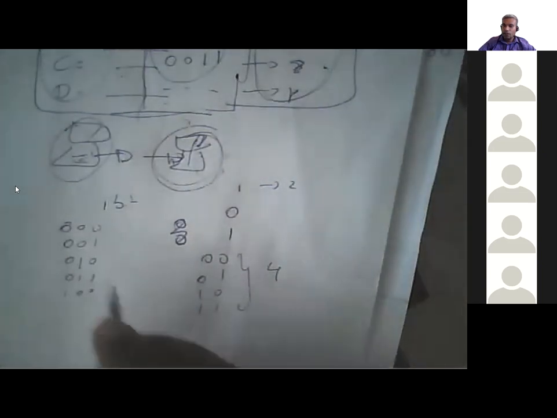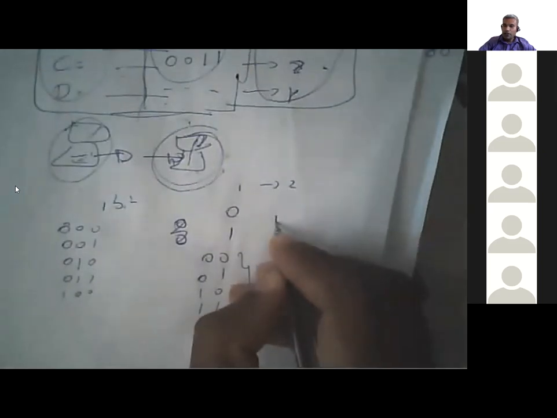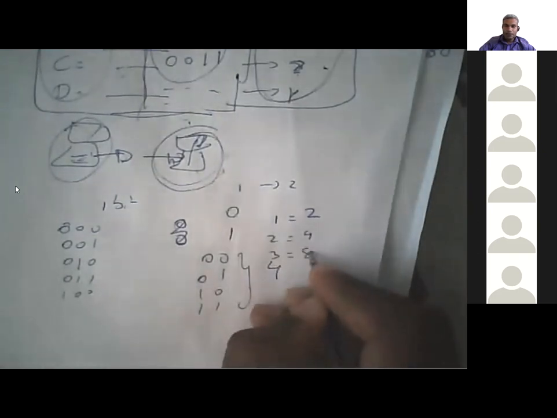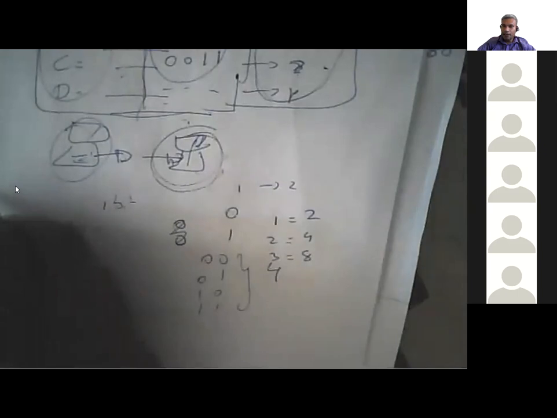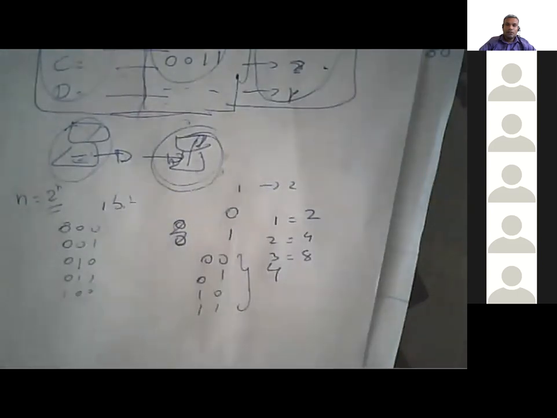Right? So if you have n bits, for 1 bit you have 2 patterns, for 2 bits you have 4 patterns, for 3 bits you have 8 patterns. In other words, for n bits, you have 2 to the power n patterns. So for 8 bits, you can have 2 to the power 8 patterns.